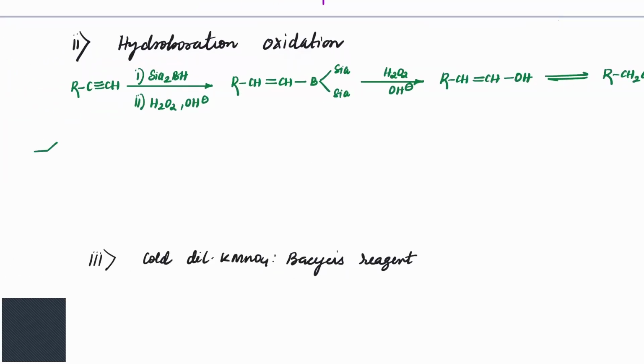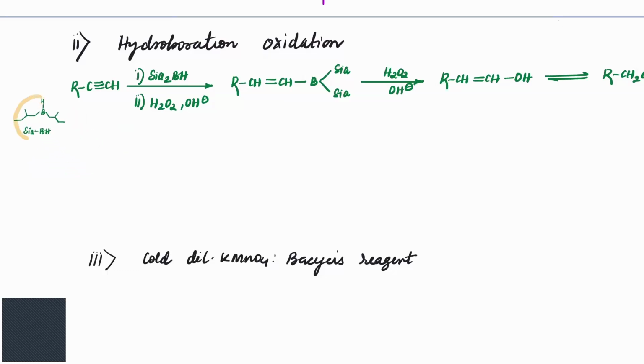Now, what is this SiA2BH? So, 1, 2, 3, 4. This 4 carbon is connected to boron here. So, 1, 2, 3, 4 with methyl here and methyl here and one hydrogen. This is secondary isoamyl boron hydride. Okay, so that's the name, secondary isoamyl boron hydride.